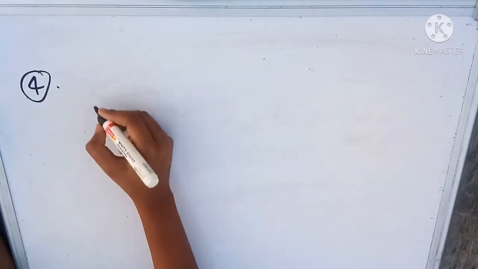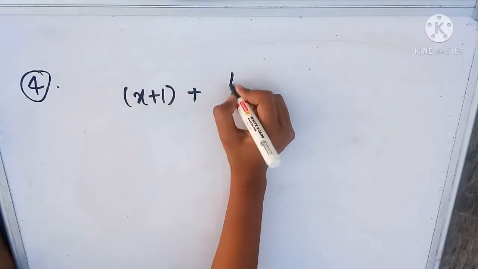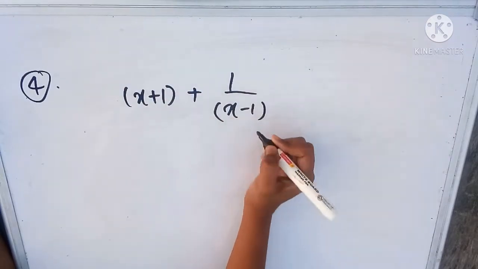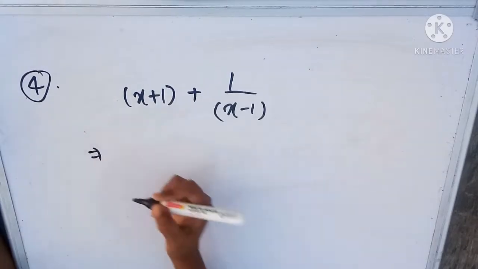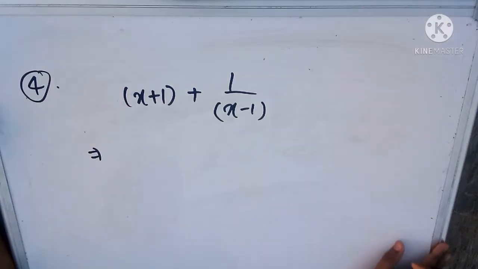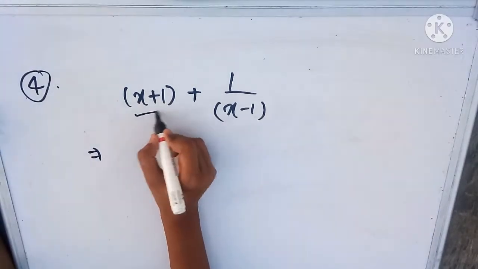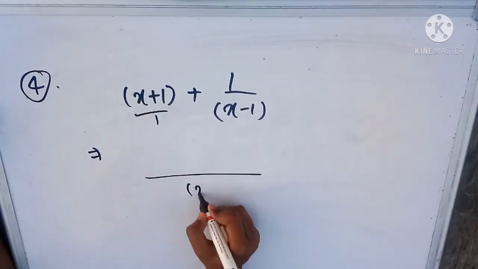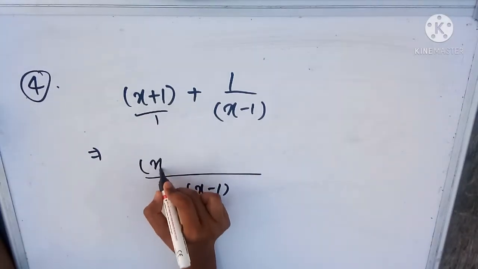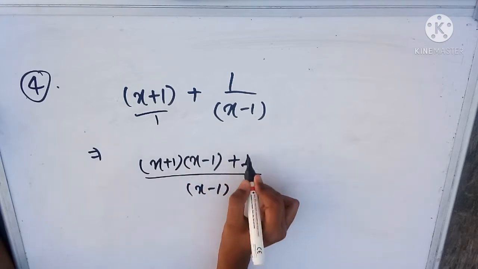Here we have to find the multiplicative inverse of the number x plus 1 plus 1 by x minus 1. Before we find the multiplicative inverse, first of all we will solve these terms into the simplest form. For that we need to take the LCM, and it will be x minus 1, and here we have x plus 1 multiplied by x minus 1 plus 1.